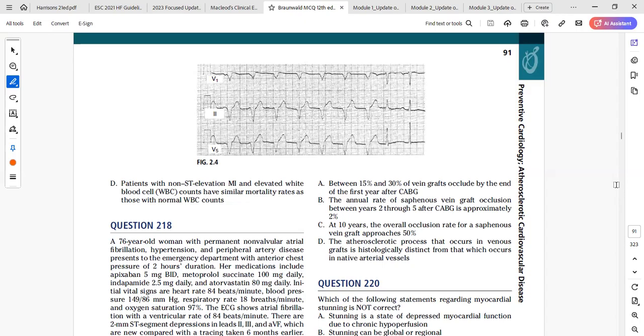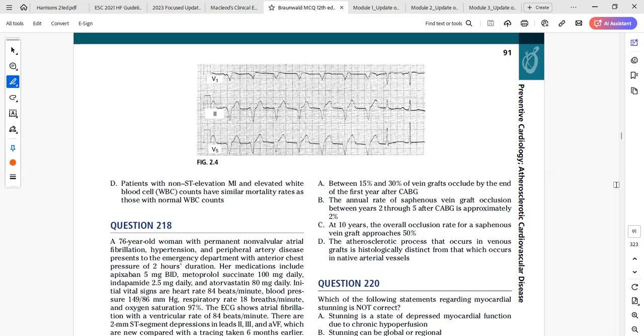So for this question, the correct option here is D, because the atherosclerotic process that occurs in venous grafts is histologically distinct from that which occurs in native vessels.